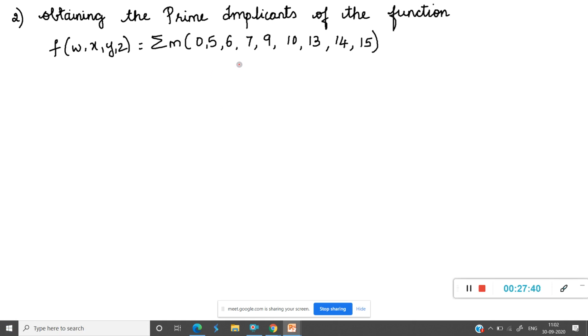Do it and tell me the prime implicants. Yes, do it students, this problem. First write the decimal.